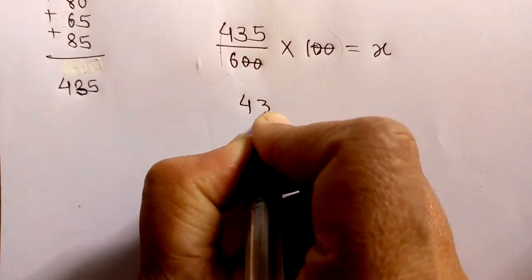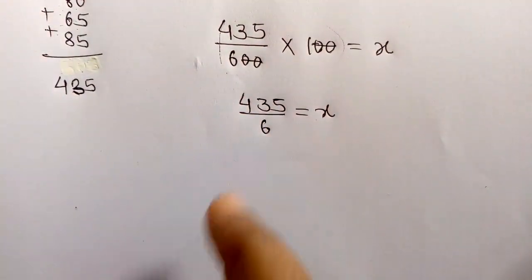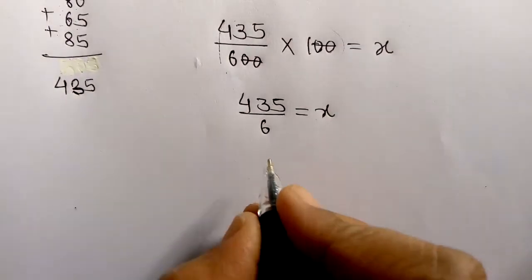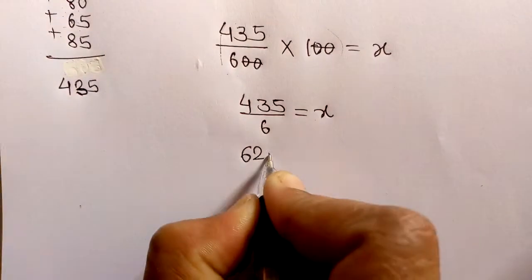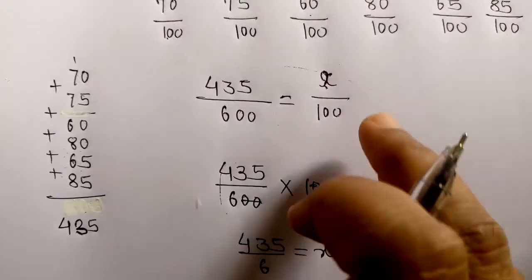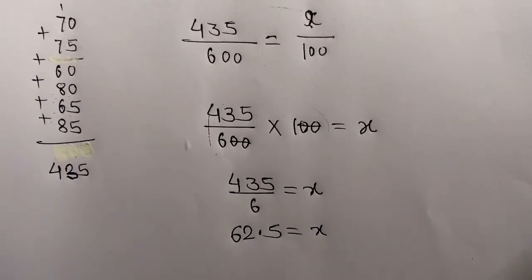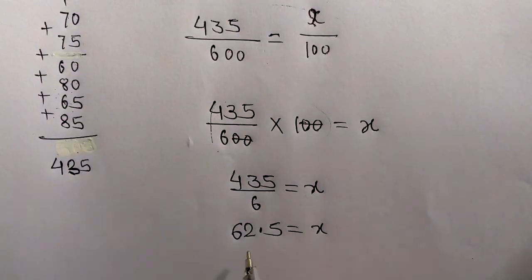So 435 divided by 6 is equal to X. Now we will divide this one. So the division will be 62.5. This is X. X means we have to find out the percentage here. This is the value of X. Means that boy secured how much percentage? 62.5 percentage.